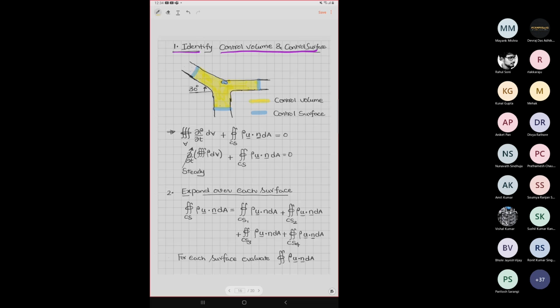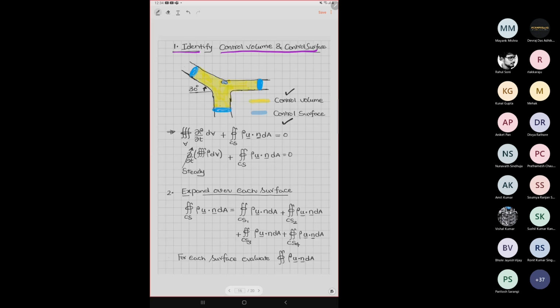And it is always bounded by control surfaces. If it is a circular cut section, the cut section is the bluish one, this surface, this surface. Just for simplicity, I have shown colors. The blue one is the control surface, the yellow one is the control volume. And this angle is 30 degrees.